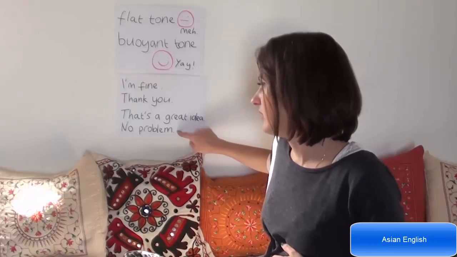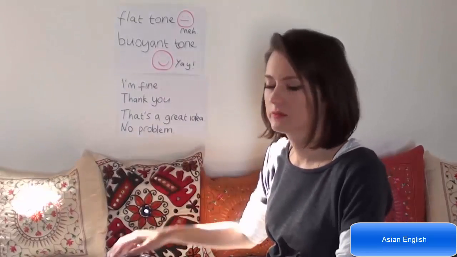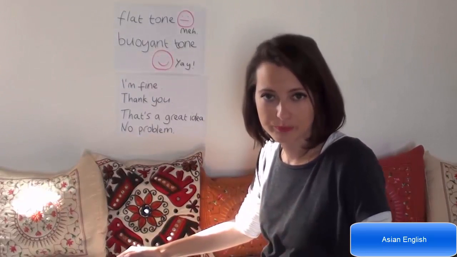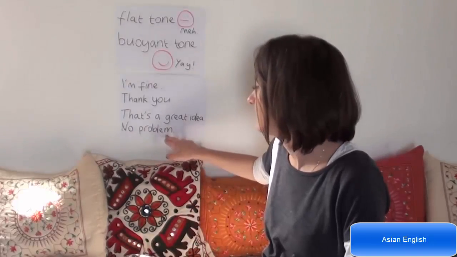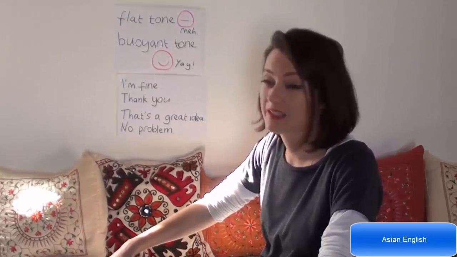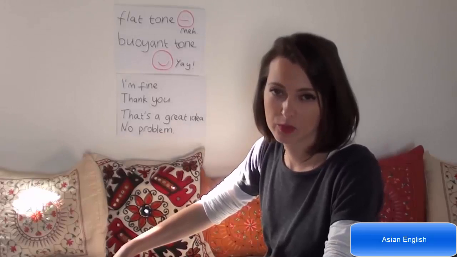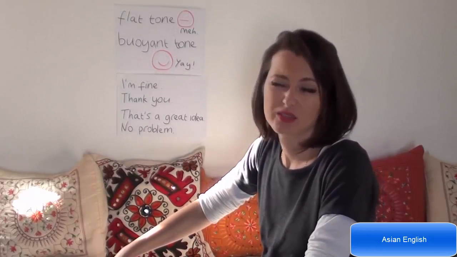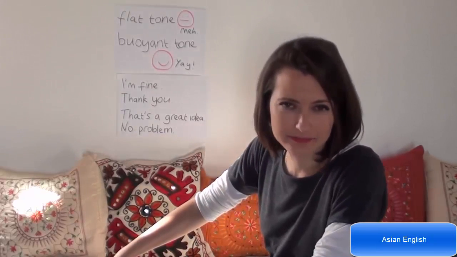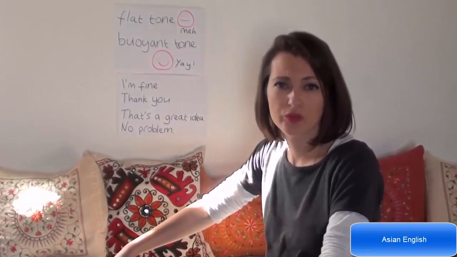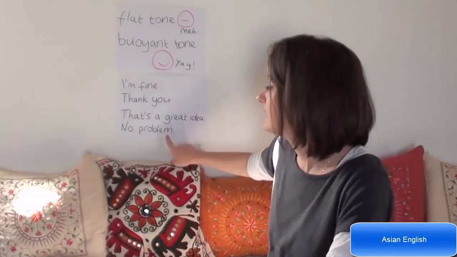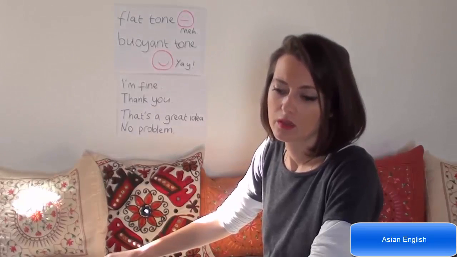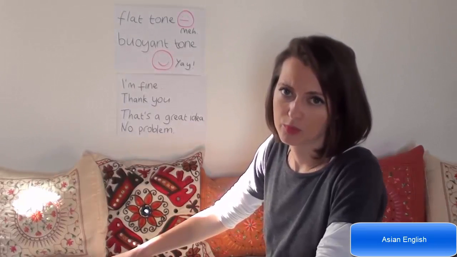And the last one I want to pay some attention to is no problem. If I say this in a flat tone of voice, it can also mean the opposite. Let me give you an example. If you go to a restaurant and you complain and you say it wasn't very nice, I want a discount, they might say to you, yeah, we'll give you a discount, no problem.